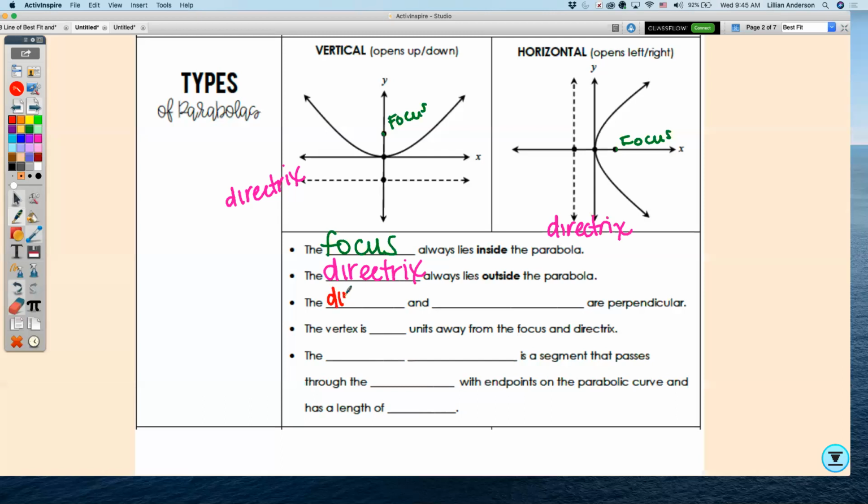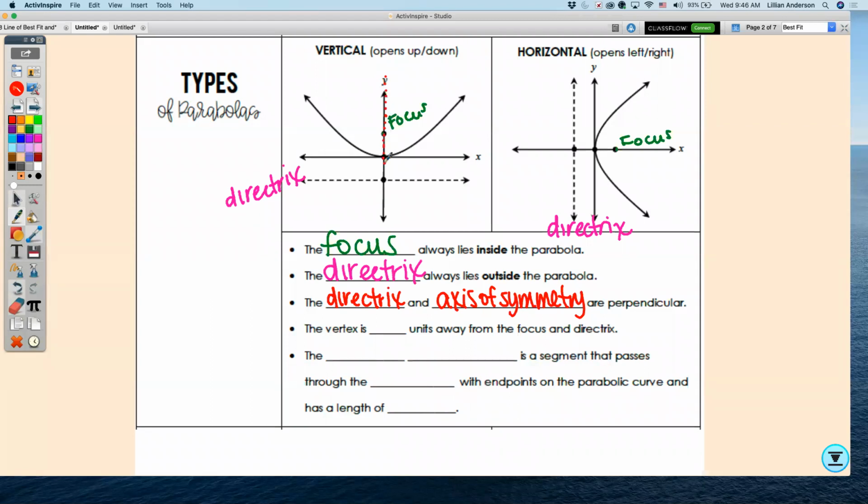Now the directrix and the axis of symmetry, that word should be familiar from when we went over quadratics back in semester 1, are always perpendicular. Who remembers what the axis of symmetry is? It's the middle of the parabola.